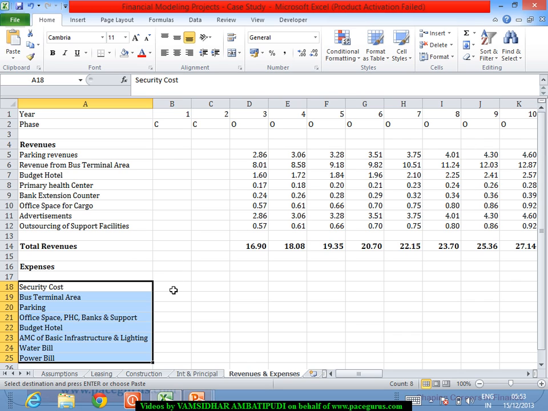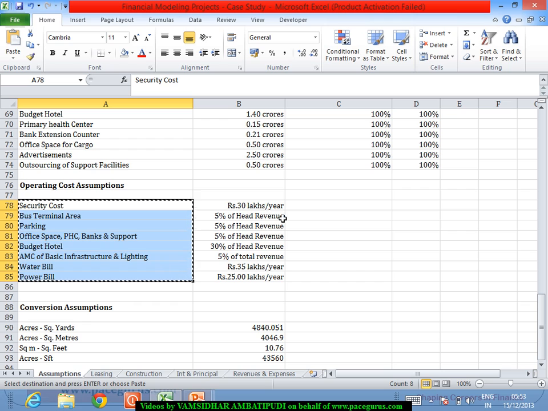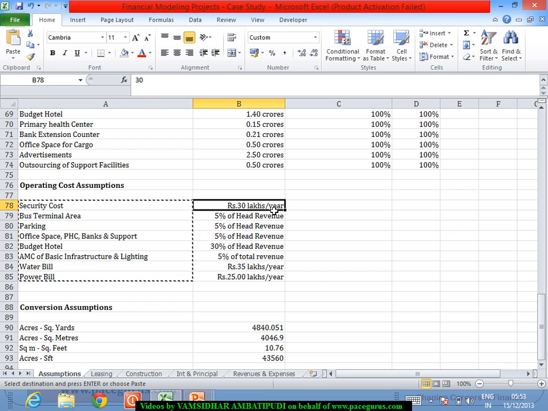So wherever we are talking about, okay, we'll go item by item. The security cost initially is 30 lakh per year, or probably the better way would have been, I'll change this here, instead of 30 lakhs I'll make it as 0.3 crores.